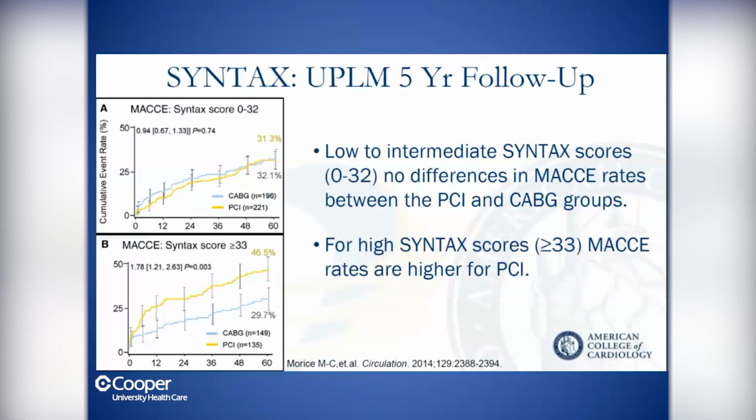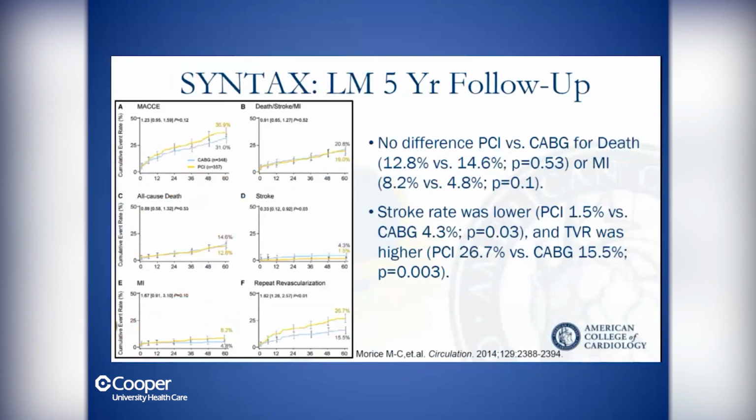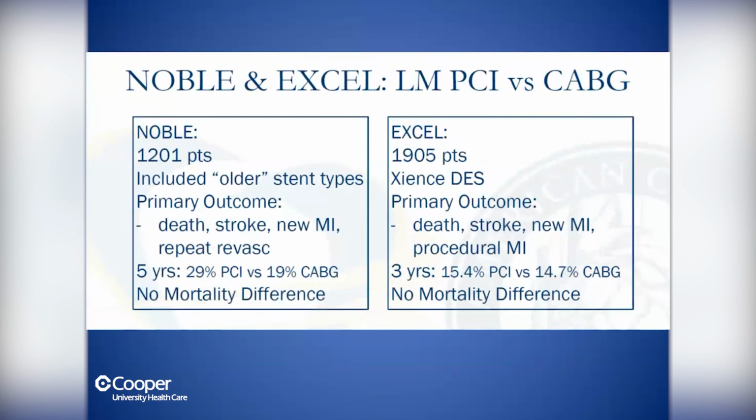If you take the low and medium in the upper panel, you see the survival is the same. If you take the individual endpoints, most of the differences happen in revascularization as well as stroke. The stroke favors PCI, but revascularization obviously favors surgery.